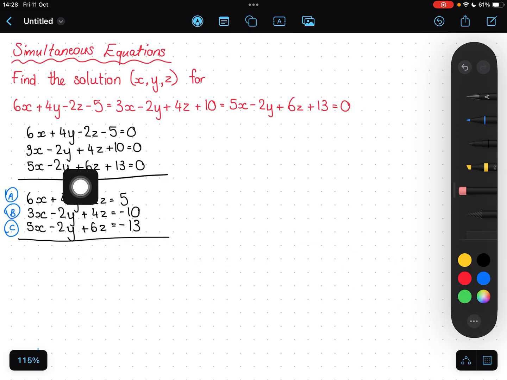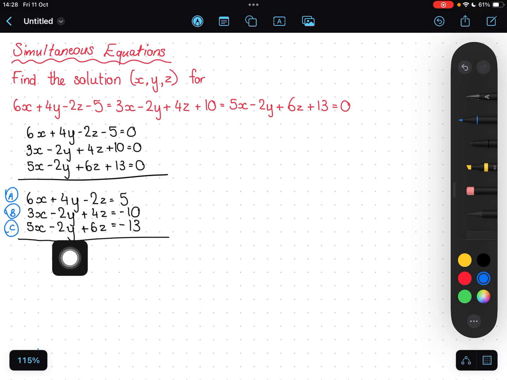The y's actually look easy enough to cancel out, so I'm going to cancel the y's. Now you could have cancelled something else first and we will still get the same answer no matter what. As long as you do your work correctly and I do my work correctly, we'll still get the same final answer at the end.